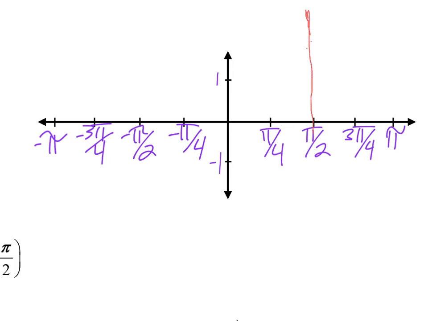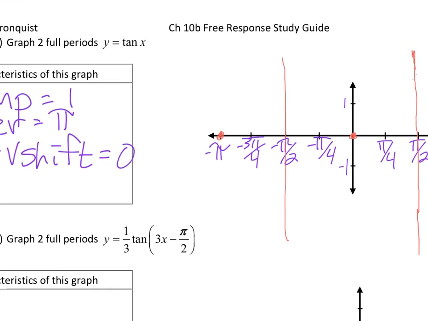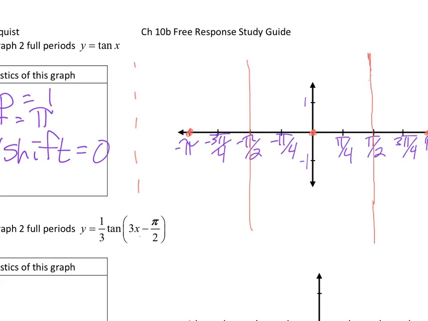Okay, so that's where I'm going to have my asymptotes. Now, remember, for the shape of a tangent, you start, it's tan and cotan, you start in the very middle with a 0. So I have a 0 here, and I have a 0 here, and I'm going to have a 0 there, okay? We know this because basically I do have an extra asymptote out here. They're pi apart.